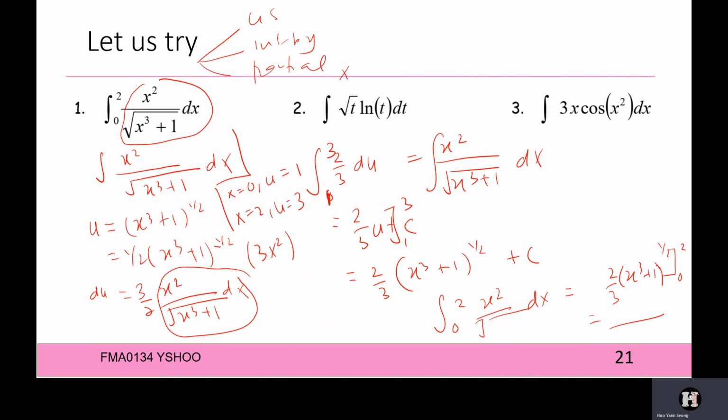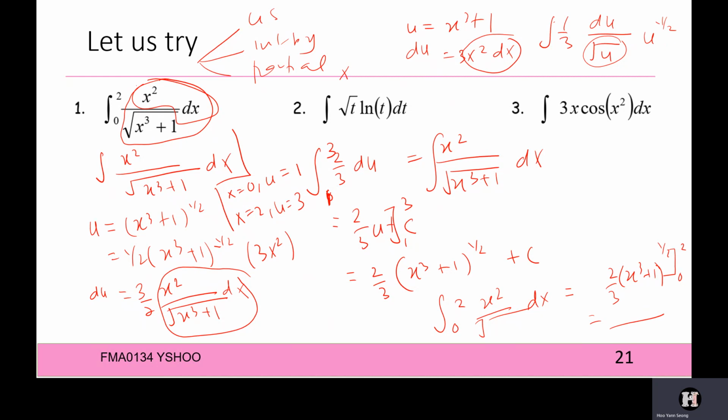This is only one example of the choices of your u. You can also choose your u as x cubed plus 1. Then du equals 3x squared dx, which is this part. Now your question becomes 1 over 3 du over the square root of u, which is u to the negative half.